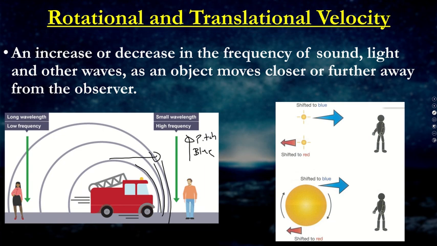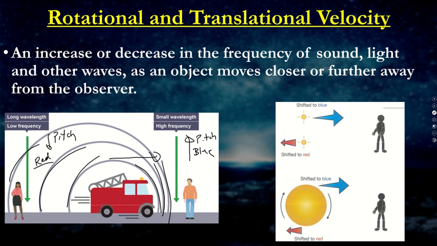If something is moving away from you, that elongates the wavelength. So you'll hear a lower pitch if this was sound, and you'll see a more red color if this was light.